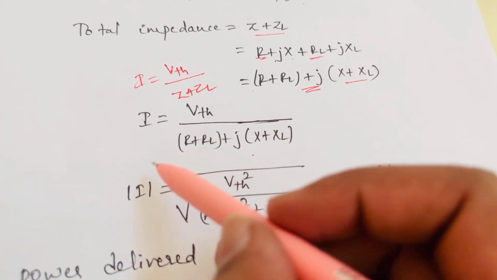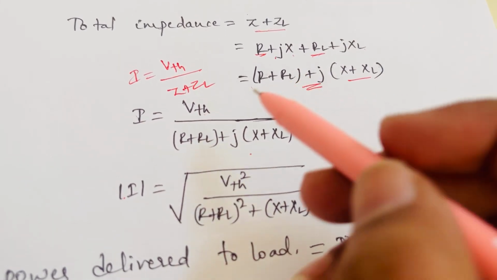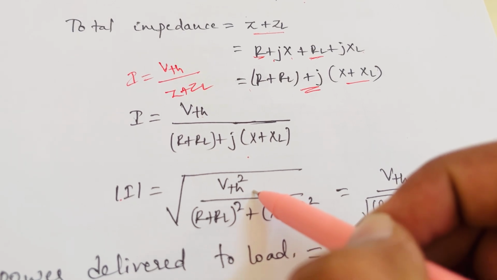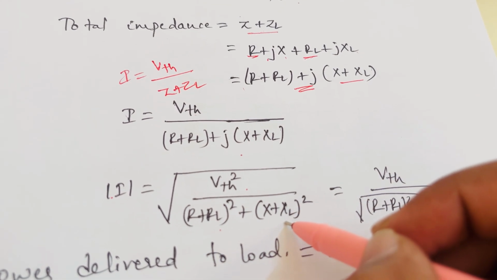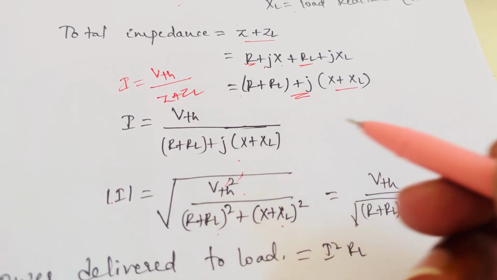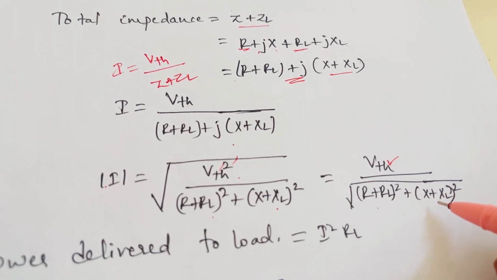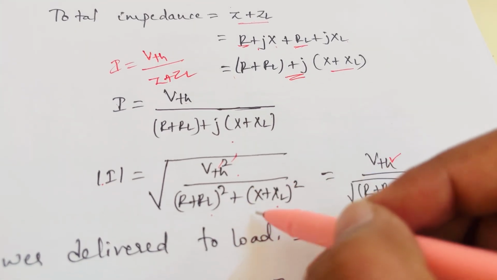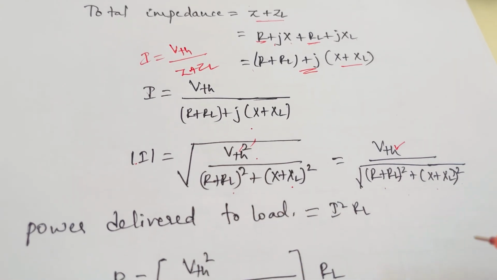Writing the magnitude of current, square root of VTH square divided by (R plus RL) square plus (x plus XL) square. Square root and square will get cancelled, so VTH divided by the square root of (R plus RL) square plus (x plus XL) square. You are removing the j operator.